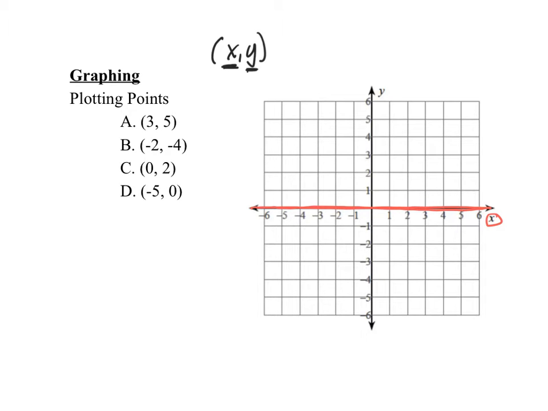That will be where you go with the first number of the pair. That first number will tell you where to go on the x-axis. The second number tells you where to go on the y-axis, the blue axis there. That's called the y-axis, the up and down one.